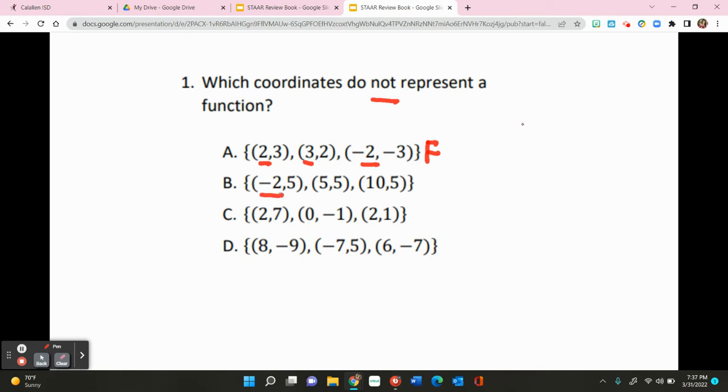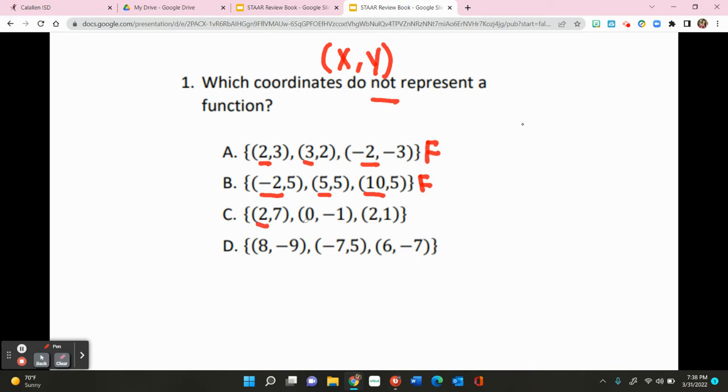Looking at B, I have -2, 5, and 10. Again, all of my x's are different, so this is a function as well. And if you're still unfamiliar with what your x values are, your x value always comes first. It's x comma y. We are only concerned with the first number in an ordered pair.